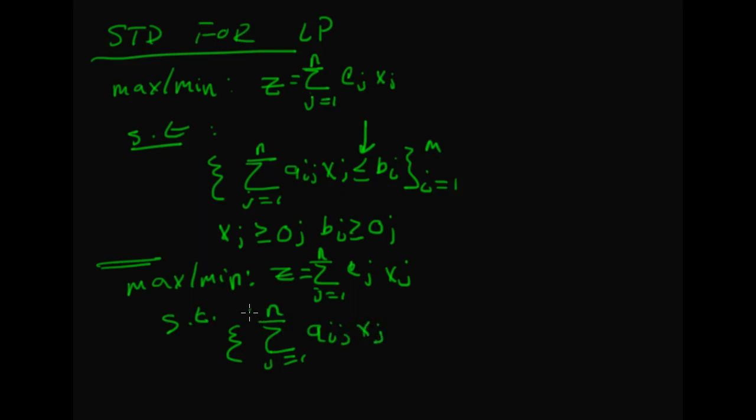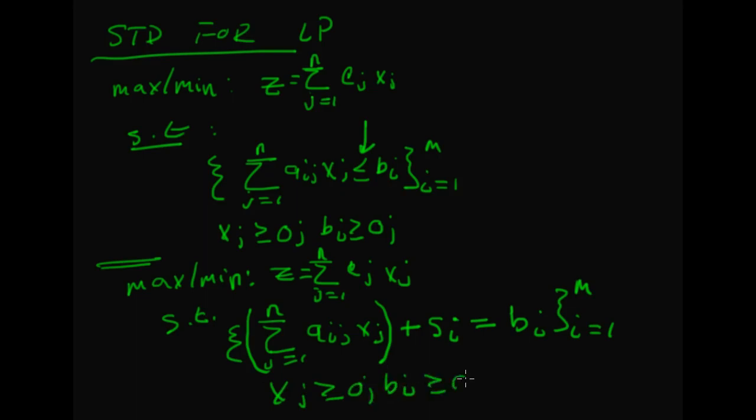So this part stays the same, but for each equation we're going to add a slack variable, an si, and that's going to allow us to turn this from a less than to an equal sign. There has to be some positive value that makes these two things equal. And then we get bi for i equals 1 to m, and now we require all the xj's to be greater than or equal to 0, all the bi's to be greater than or equal to 0.